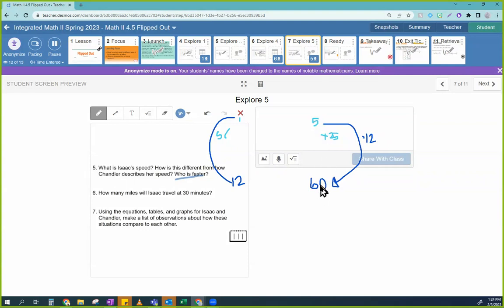So we made both of them have 60 minutes. How far did they travel in 60 minutes? And so then we figured out, oh, it's 12, because of how you guys multiplied here. Very good. So then we figured this one out. So really quick, if Isaac travels 12 miles in 60 minutes, how far is he traveling in 30 minutes? Very good. How far is he traveling in 30 minutes?